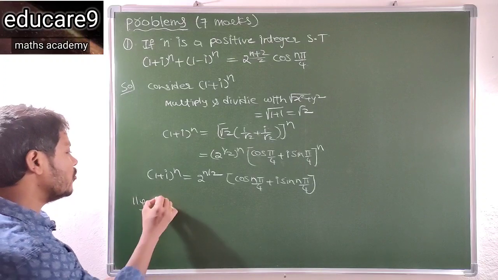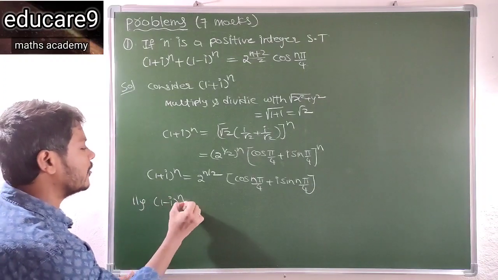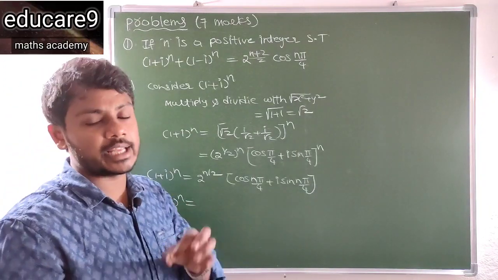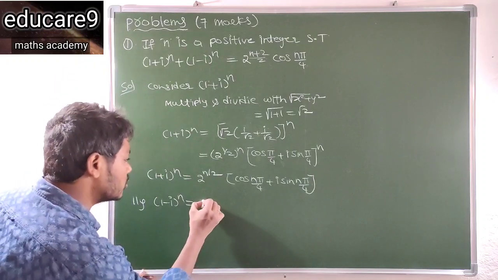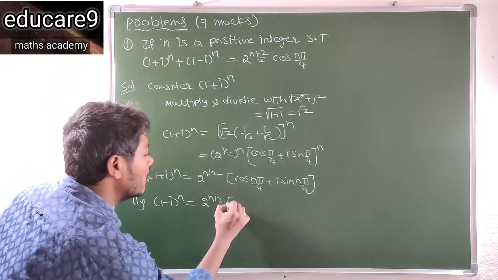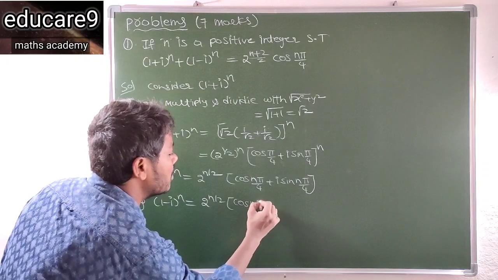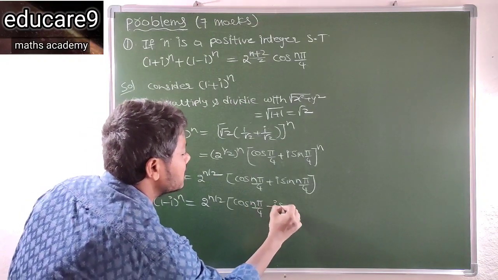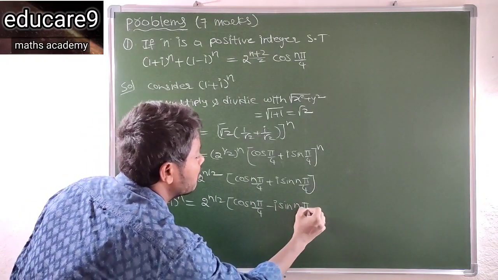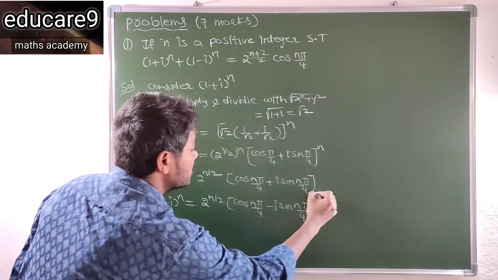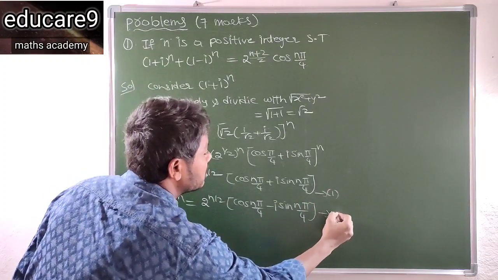Similarly (1 - i)^n, and clearly in between you will get minus. So that is 2^(n/2) (cos nπ/4 - i sin nπ/4). Okay, so this is equation 1 and this is equation 2.